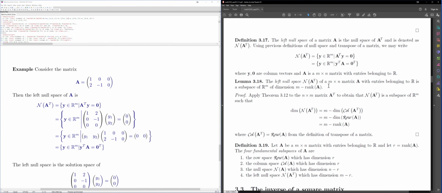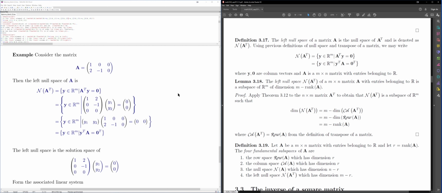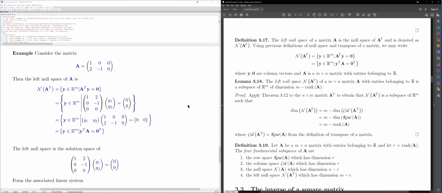Okay, so in this case, I have a matrix A, and the left null space is the null space of A transpose. Let's see an example of that. This is my matrix A over here that I'm going to use as an example.